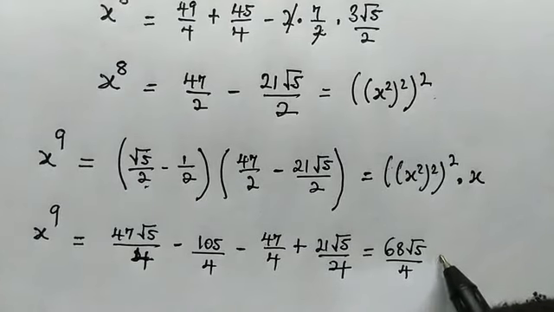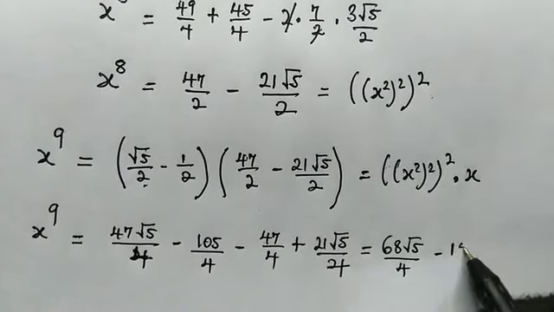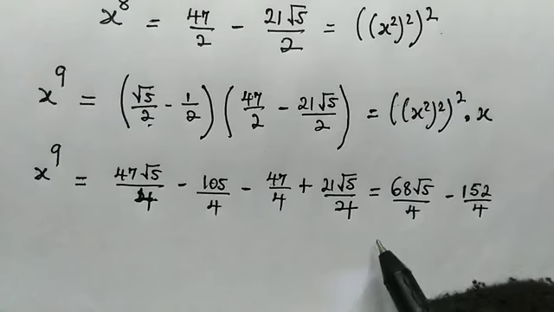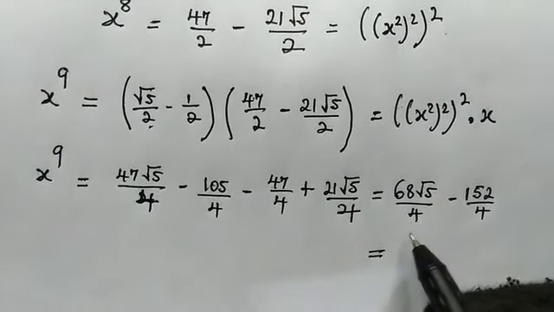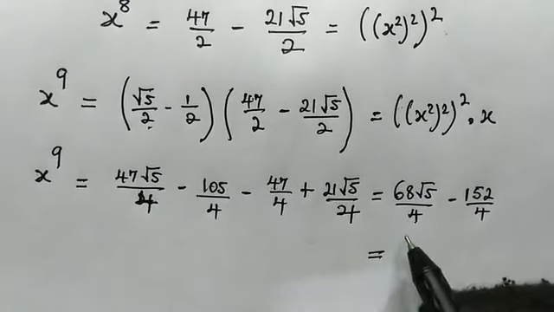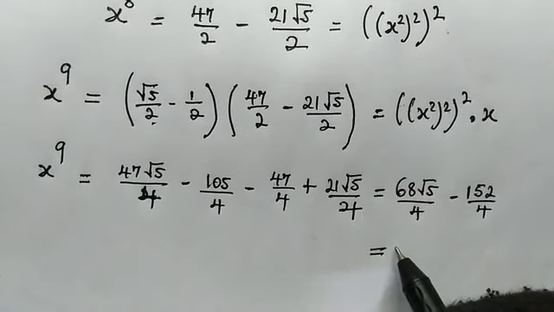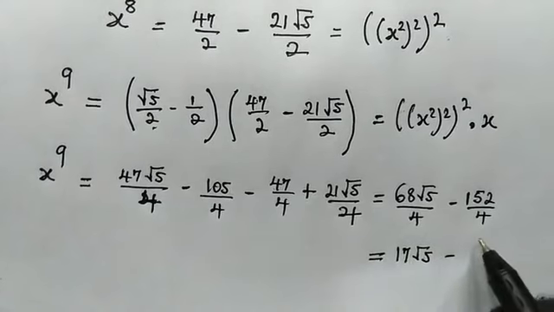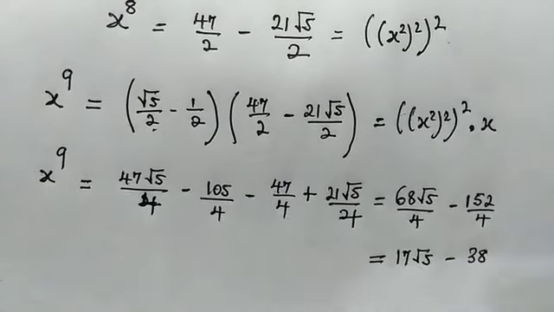So that is going to give us negative 152. Hope I'm right. Yes. So negative 152 over 4. And fortunately 4 divides these numbers exactly. So 4 will divide 68 to 17, right? So we have 17 root of 5 minus 152 divided by 4 will give us 38.